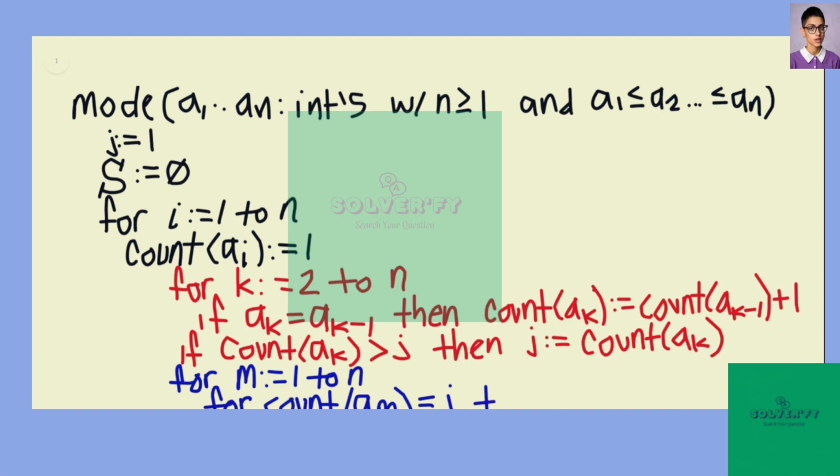So then we'll just add that to our list S. So we'll set S, the set, equal to its previous self with the element am in it.